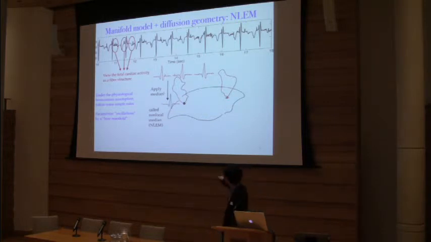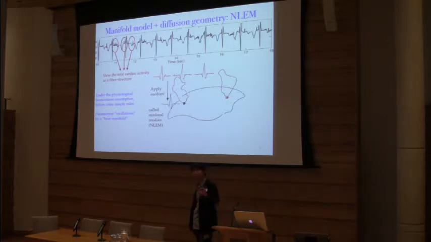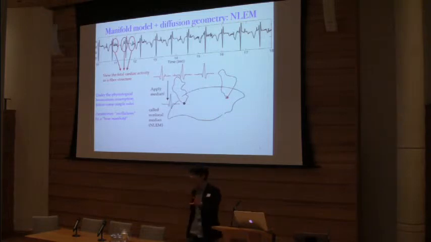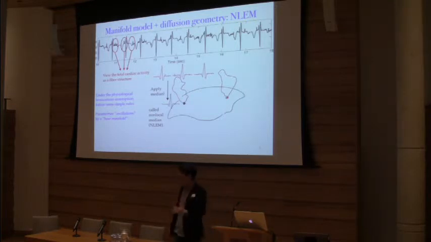This is called the non-local Euclidean median. The idea is very simple. Let me summarize. You collect all the beats from the maternal abdominal ECG signal and cluster them. After the clustering, you run some kind of filtering. For example, here I run the median filter.